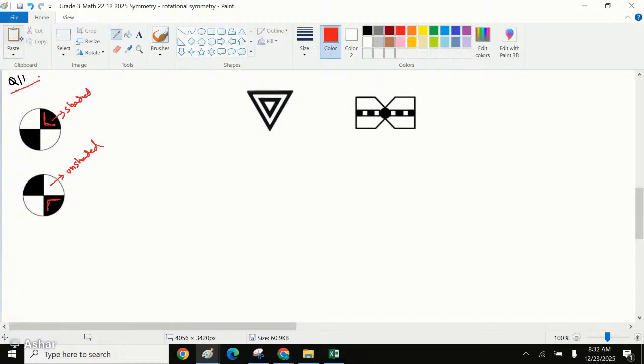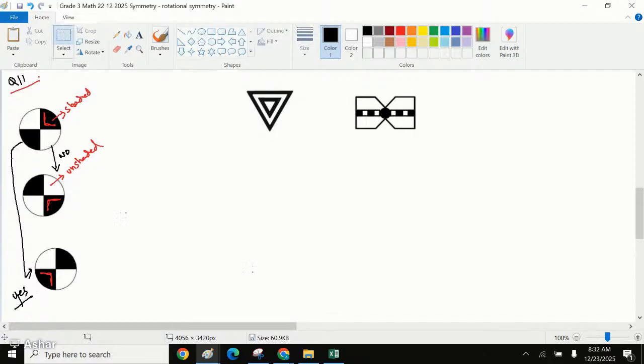But is it possible that if we rotate this 180 degrees, now is the shape the same, right? So in general, we'll say that there will be a rotational symmetry, but that would be one line only. Yes, it will have a rotational symmetry. But we have to connect these two. In this case, there is, but in this case, no.